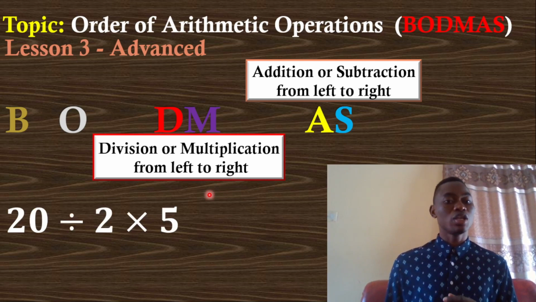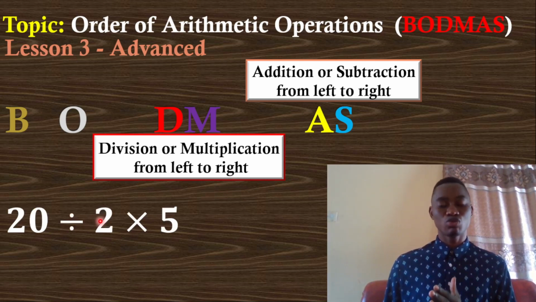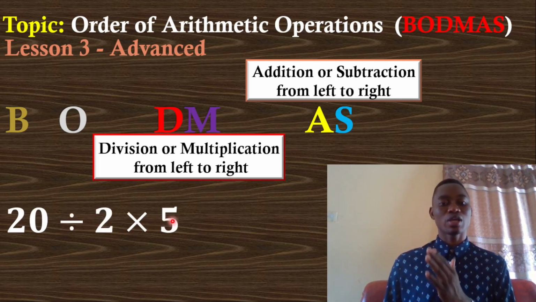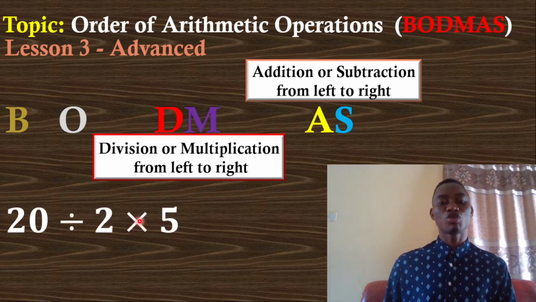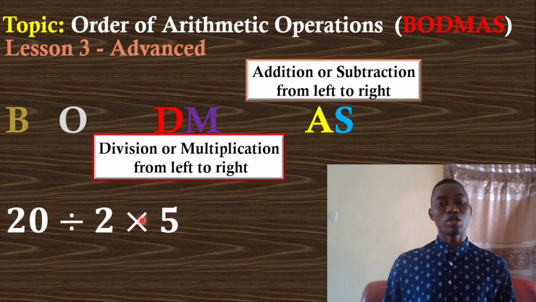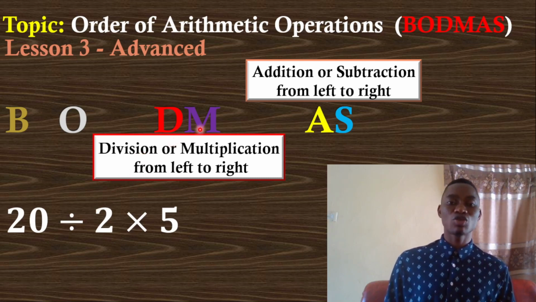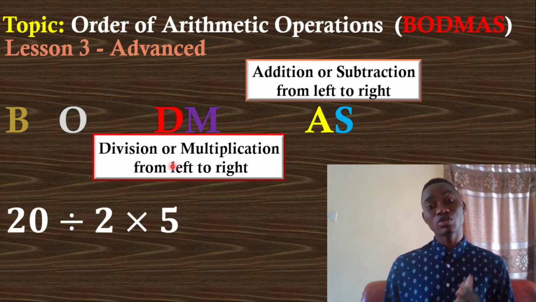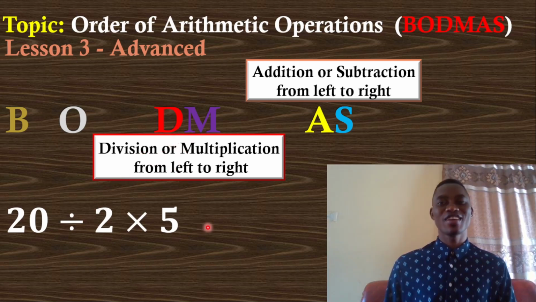For instance, if you have 20 divided by 2 times 5, as you can see, we have division first, followed by a multiplication operator. And the BODMAS rule says we should follow division or multiplication from left to right.